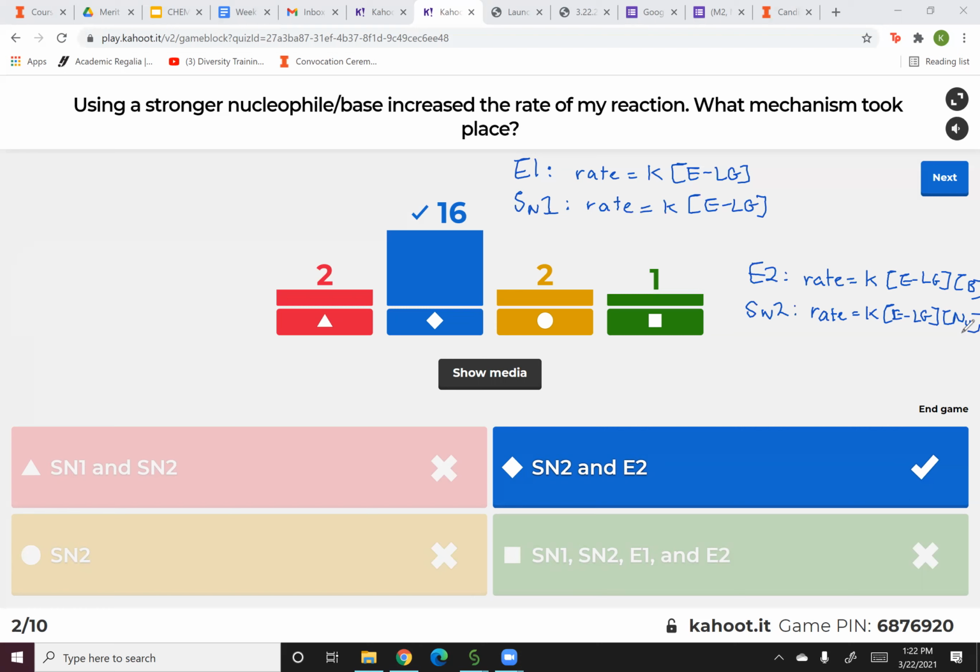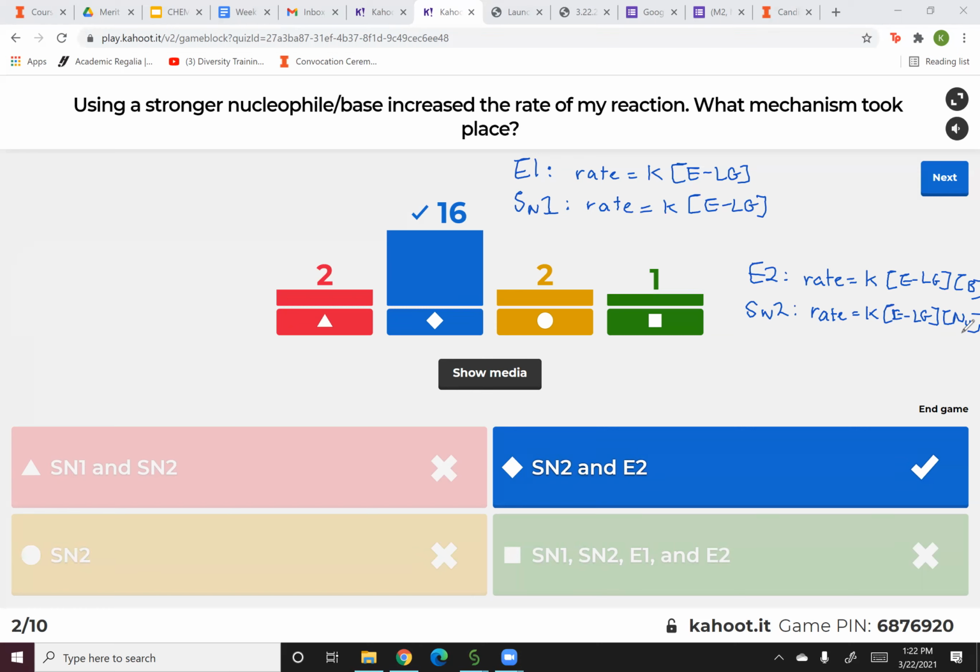So with these rate laws, we see that the rate of E1 and SN1 only depends on the electrophile. That's because in the rate determining step, the first step, the only species that reacts is that electrophile. Whereas E2 and SN2 are concerted.